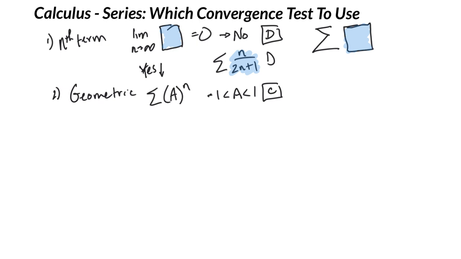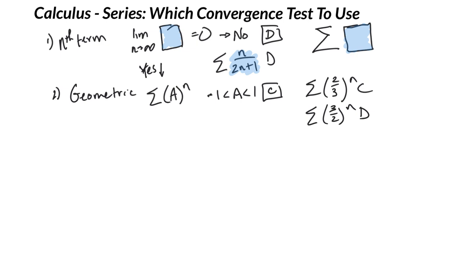So a quick example, if I had 2/3 to the nth power, that would converge. But if I flipped it and I had 3/2 to the nth power, that would diverge. So that number being raised to the nth simply needs to be between -1 and 1.